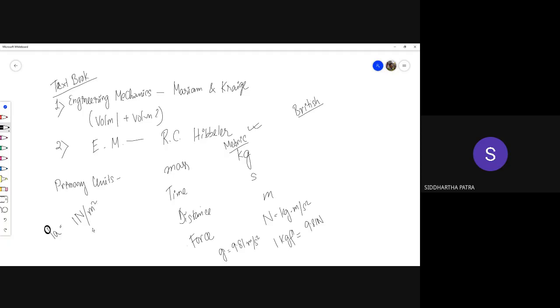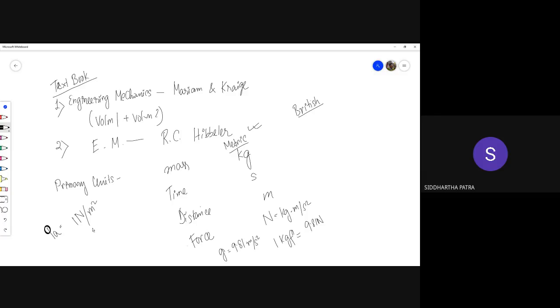1 meter squared is so big an area that 4 people can stand in it. Now they won't be allowed to stand because of social distancing and all, but it's that large an area.